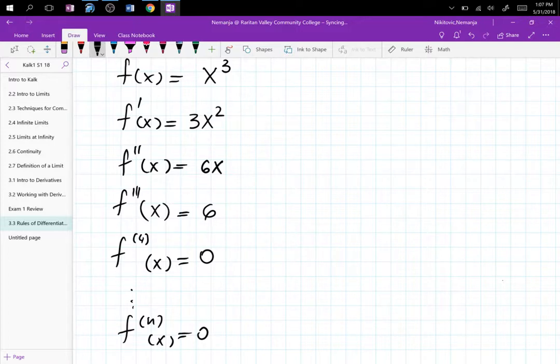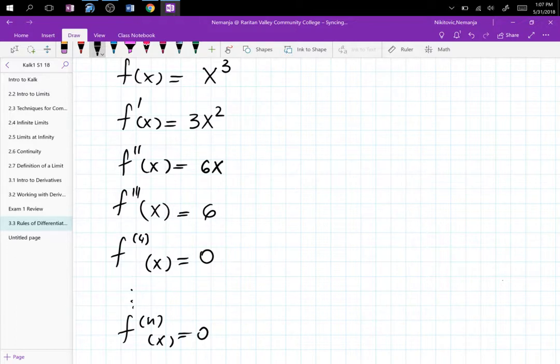So polynomials always die out. But it's just polynomials. No other function dies out. Remember that those that had x squared in the denominator, the derivative of that one had x cubed. Those will be picking up. So only polynomials die.